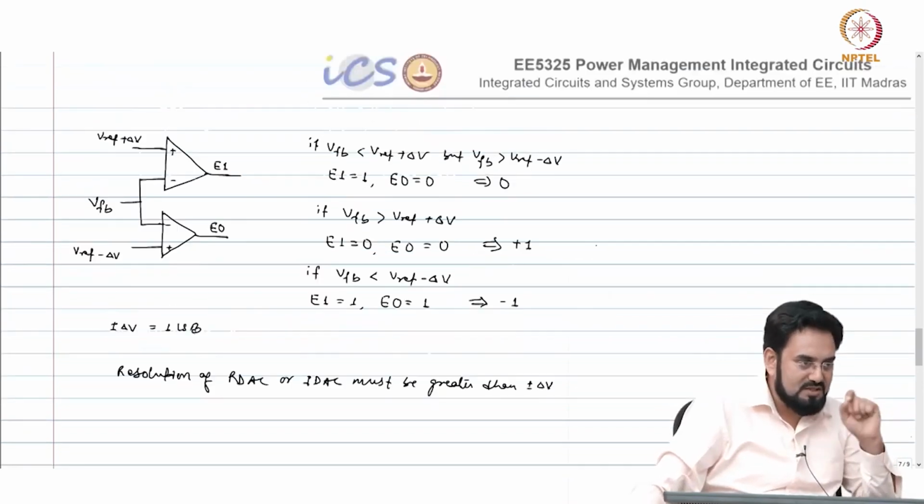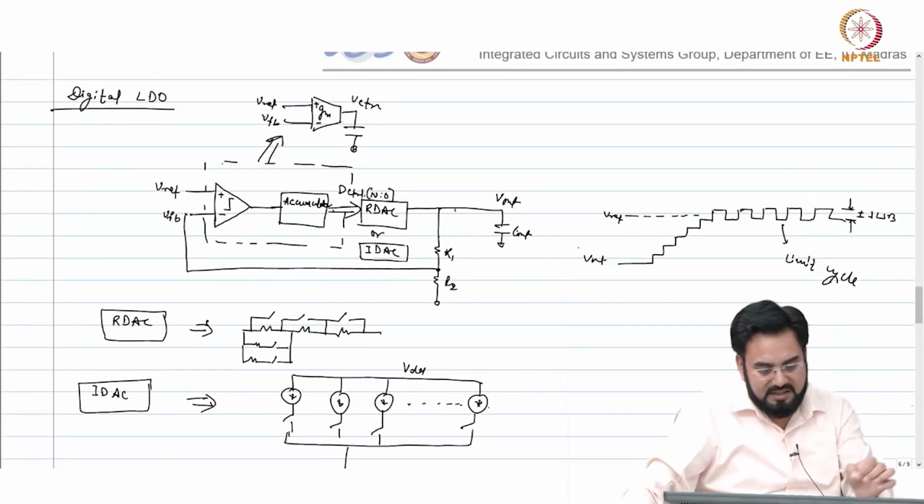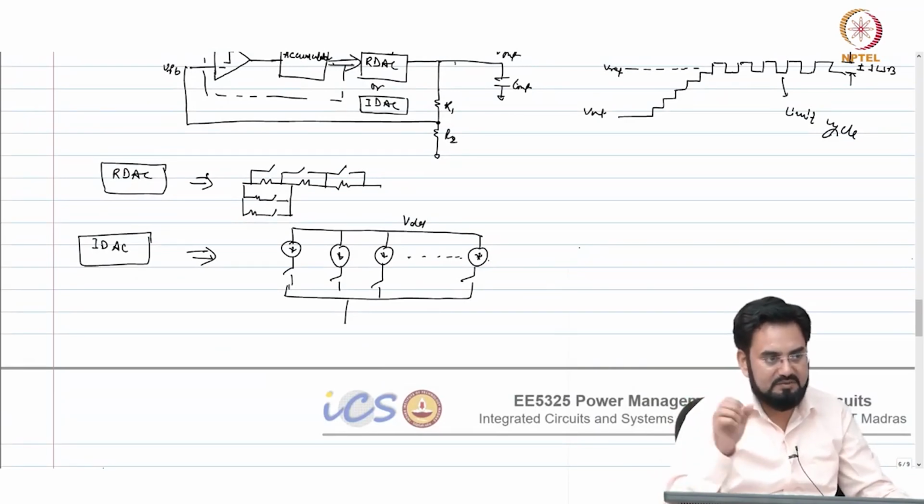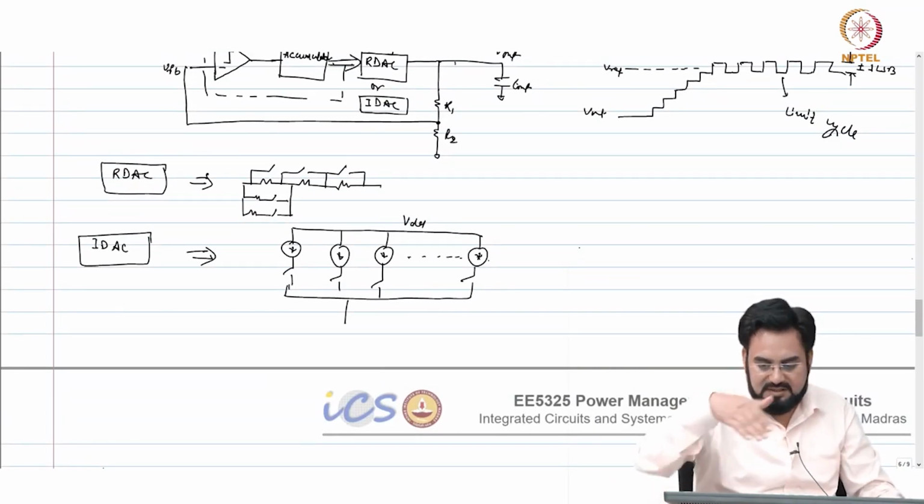So, when you change one resistor here or one current, the output should not change by more than half a millivolt, then your output will settle.